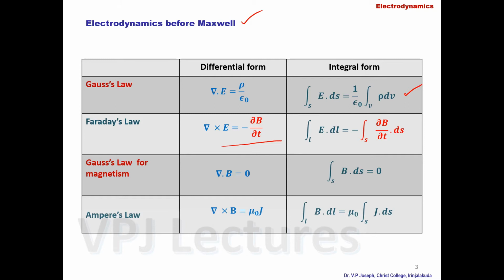There is no change for the other two equations, that is, Gauss's law in magnetism, del dot B is equal to 0, and Ampere's law, del cross B is equal to mu 0 J. These four equations were assumed to be correct and sufficient to explain all electrodynamic phenomena during the initial days, that is, before Maxwell.